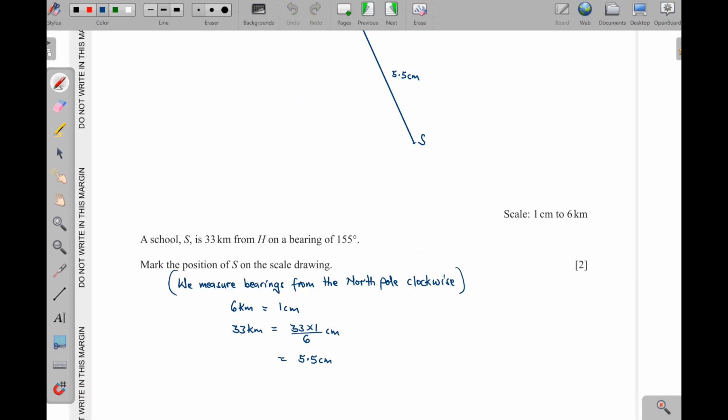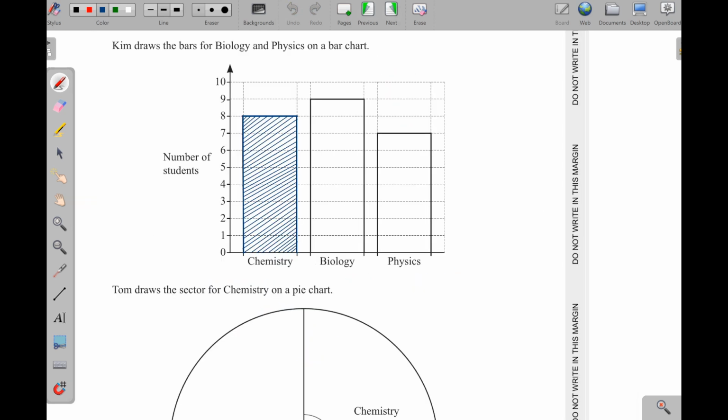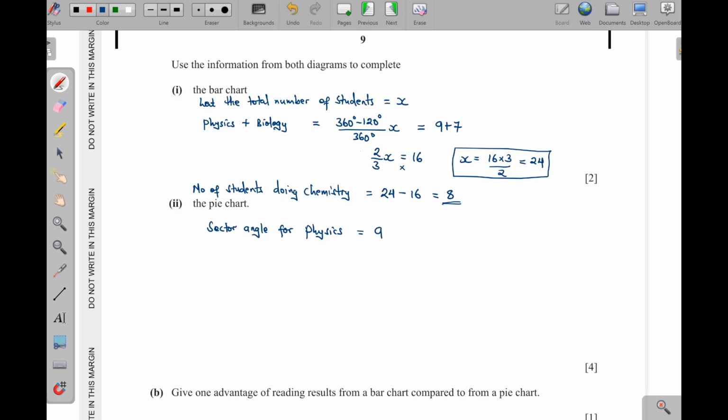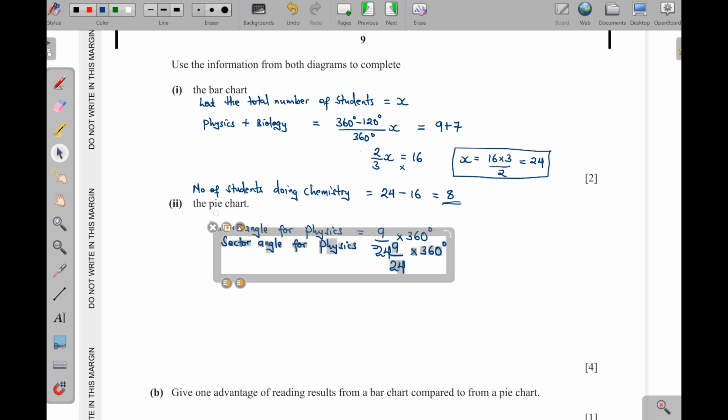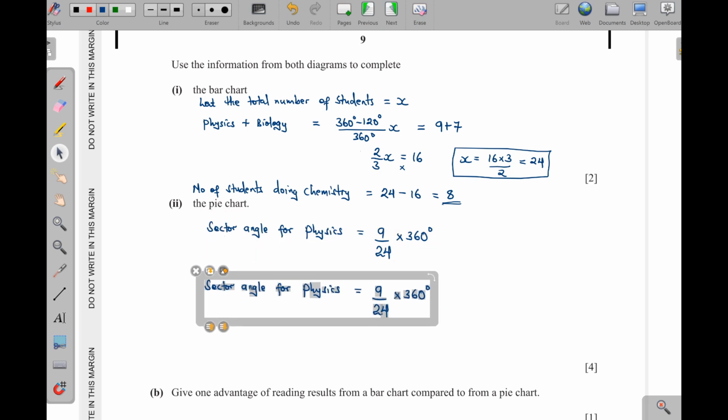So we shall have 9 out of the total number of students, remember, is 24, then times 360, because in a circle the total angle sum is what? 360.